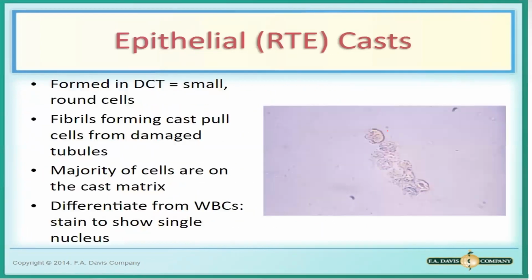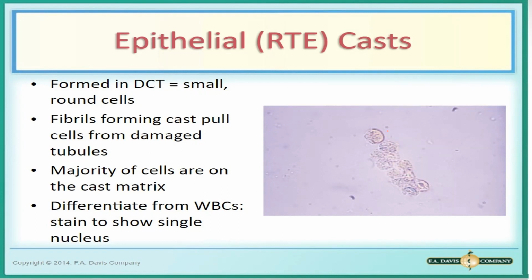Next, epithelial cell cast. This one is formed in DCT. They are small round cells formed due to urine stasis and RTE desquamation. So pag meron kang RTE desquamation, meaning nag-shed yung RTE cells mo, yung lining ng tubules mo, it means you have damage within your tubules.